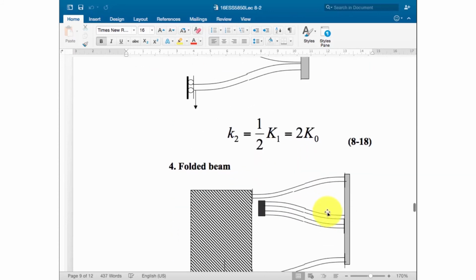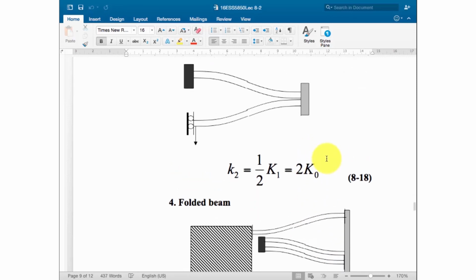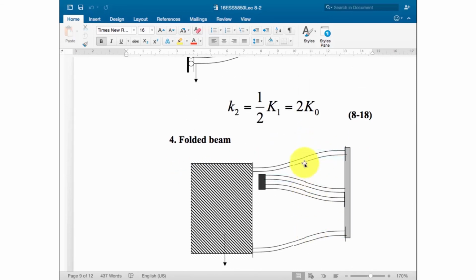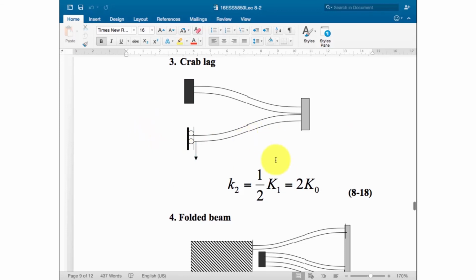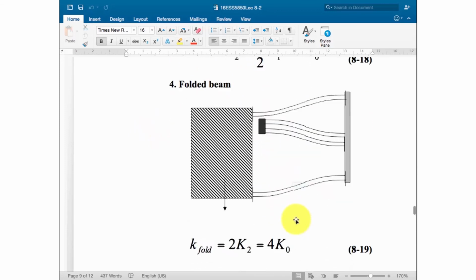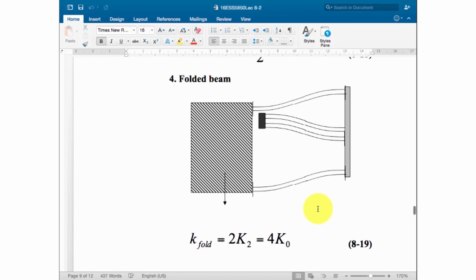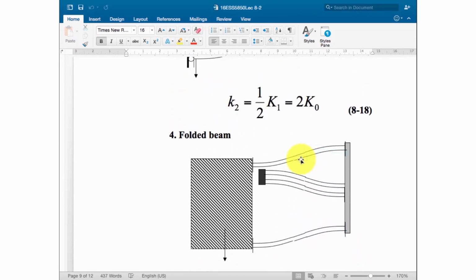Now we consider the total structure of the beam. We have 4 legs, not only 1 or 2. So now we consider 2 of these things connected to each other. Now the connection becomes not series but parallel.